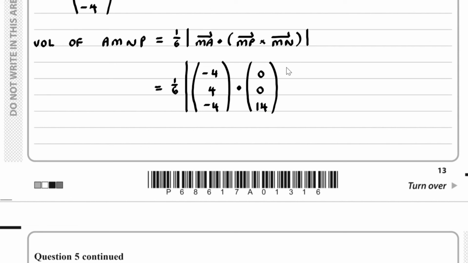So what we have then is -4 times by 14, and then that's 56, and then dividing that by 6, what we end up with is a volume of 28 over 3 units cubed.